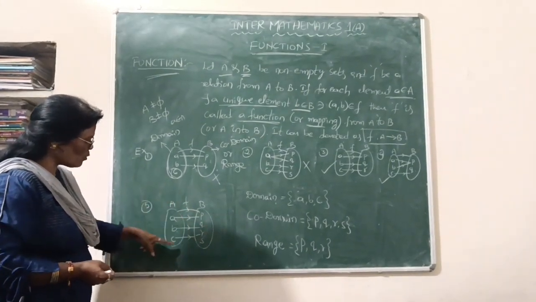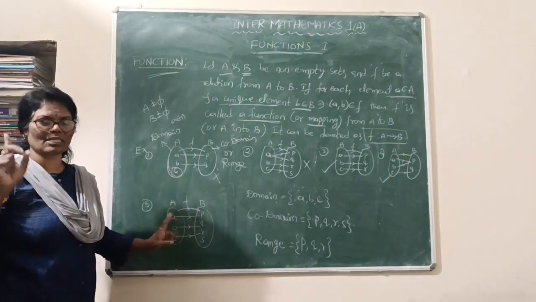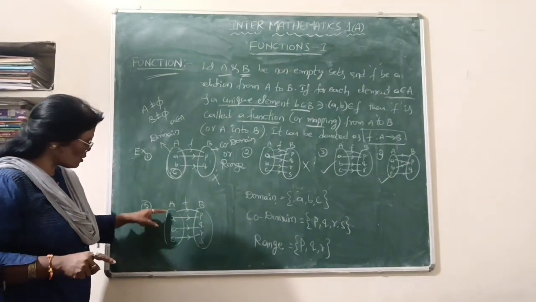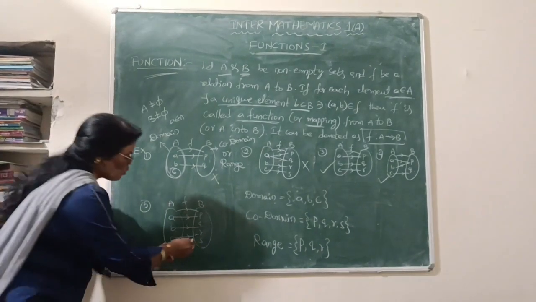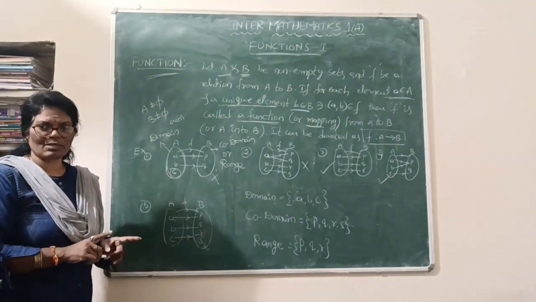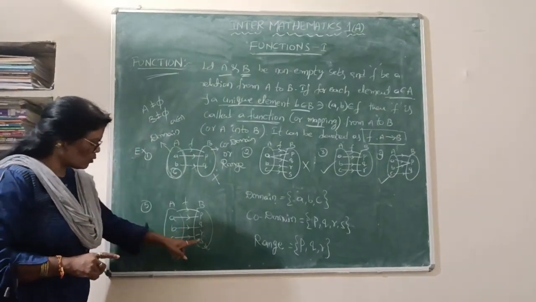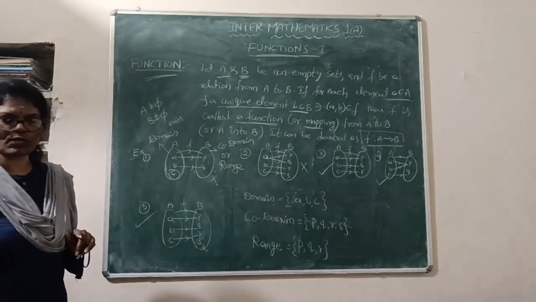We have to check whether every element in the domain has an image or not. Every element in the domain has an image. In the codomain, no need to consider, by the definition of function. So we can say this one is also a function.